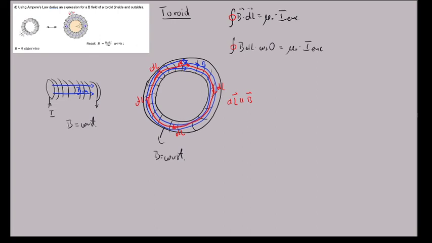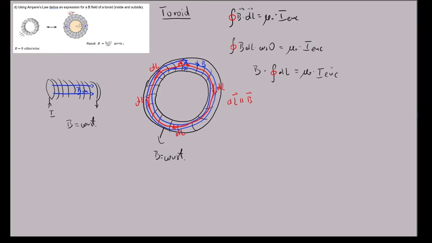And so if B is constant, then I can pull B out of the integral. I'm going to get B times the integral of dl, where I want to make sure that I integrate the entire length of the loop, equals mu naught times I enclosed.